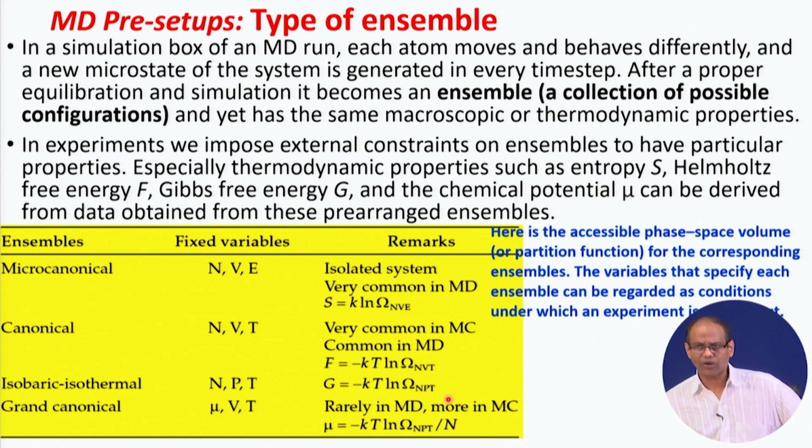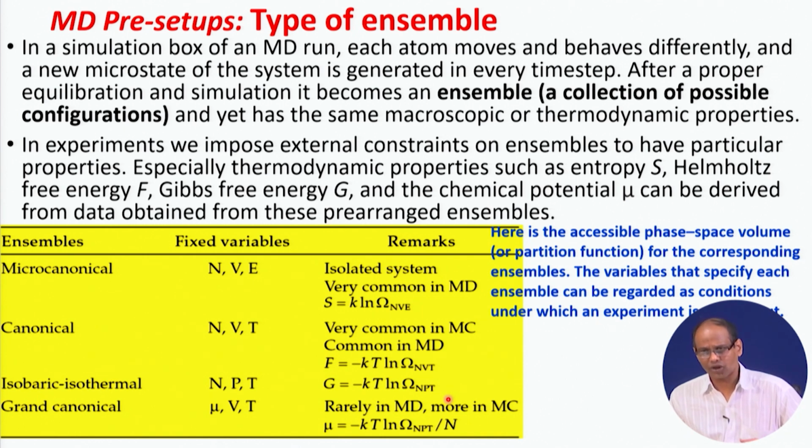Okay, and accordingly an algorithm should also be there, for a microcanonical system, to conserve the energy. For a canonical system, some kind of treatment needs to be there so that the system is at constant temperature, because temperature is related to velocity, and velocity is vice versa related to temperature.